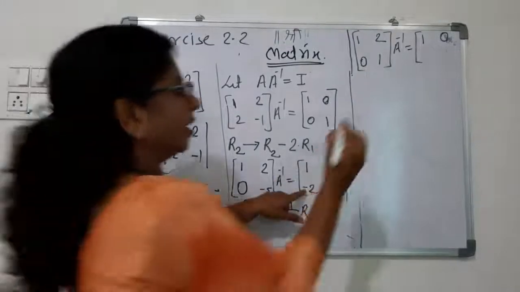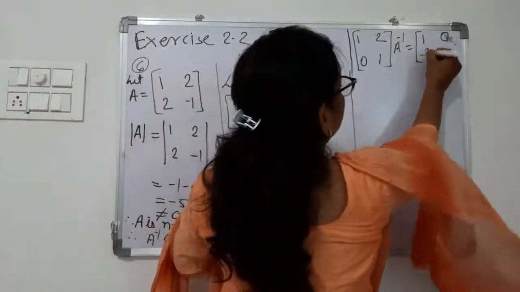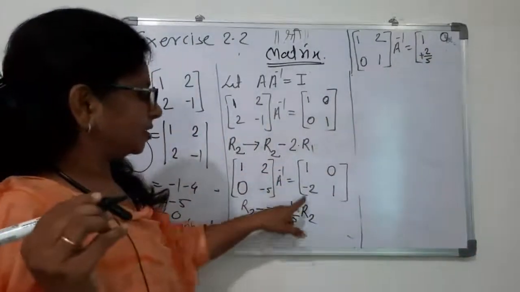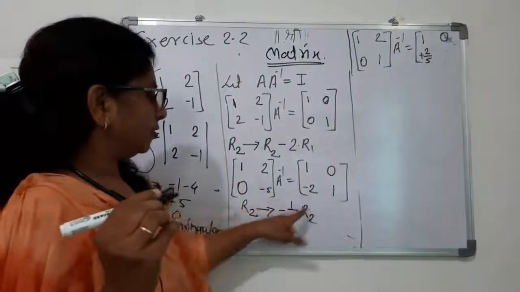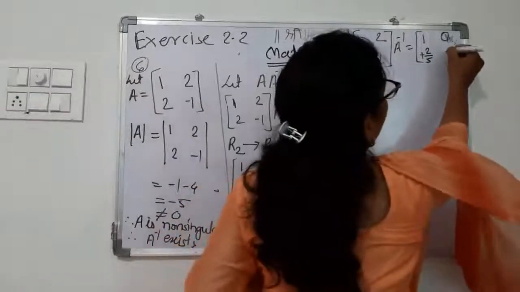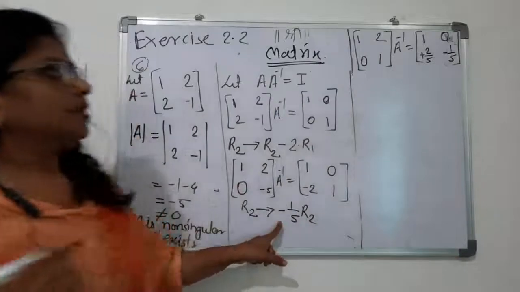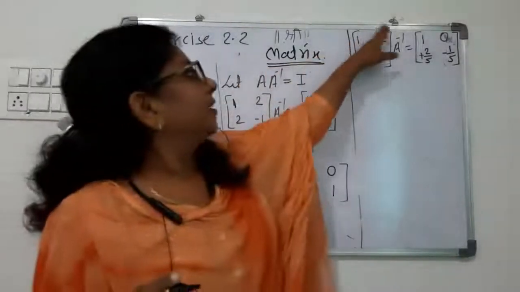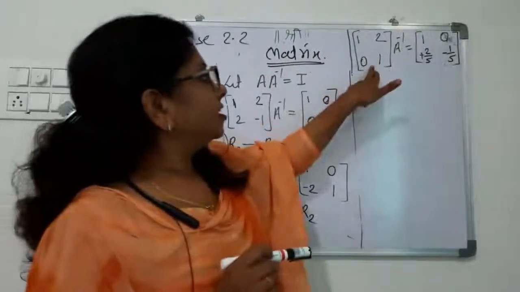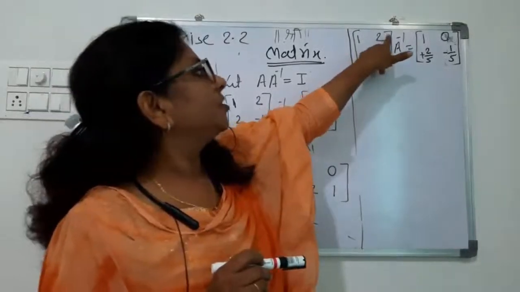Then divide this by minus, means minus minus plus 2 by 5. This is minus, so 2 by 5. Here 1 into minus 1 by 5 means minus 1 by 5.